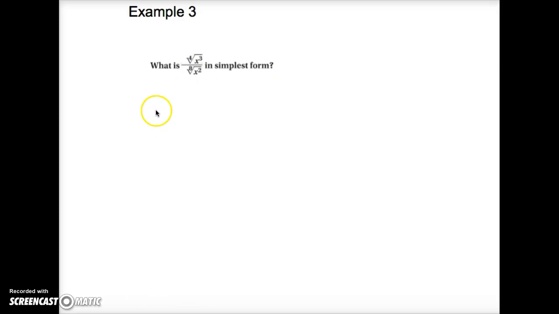If I rewrite the top, remember, this is my denominator, this is my numerator, so I get x to the 3/4 power divided by x to the 2/8 power. And now I'm going to simplify this fraction. So I get x to the 3/4 over x to the 1/4.